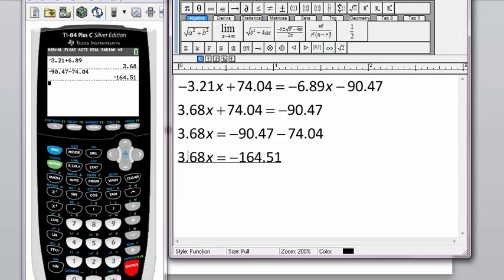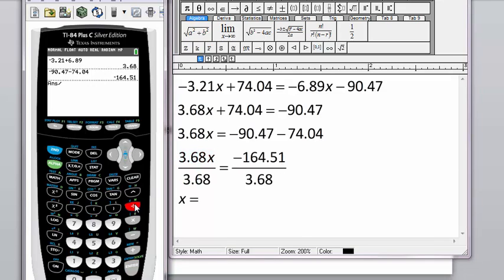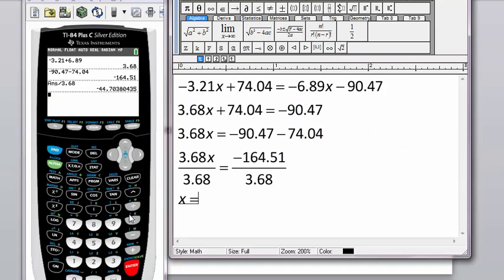And we know that if we divide both sides by 3.68, we'll be able to get our final answer. So on my calculator, if I just hit the divide key, that number 164 is already up there, so I just need to type in divide by 3.68, and I get approximately negative 44.704 if I round to the third decimal place.